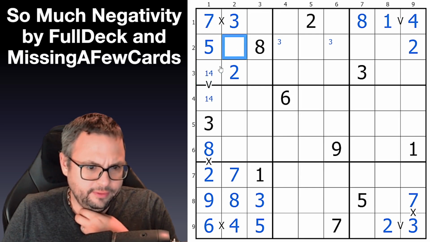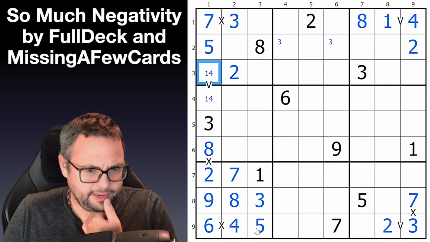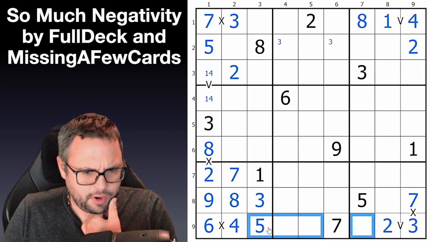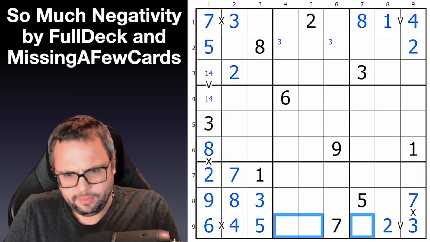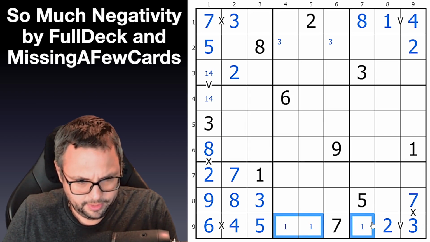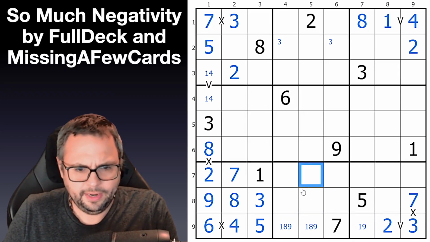I do know one of these is a 1, for whatever that is worth. There's a 5 over here somewhere. Let's see. What's left in this row? I know we've got a 5. No, we don't have a 5. Sorry. We've got a 1, an 8, and a 9? That's not an 8.